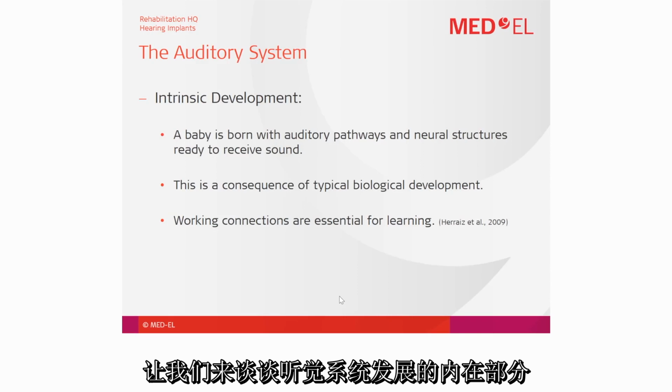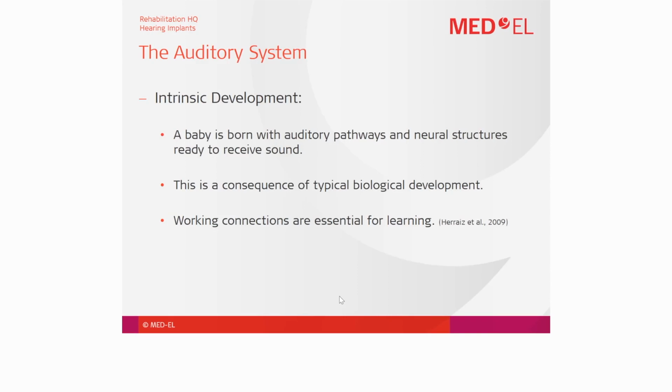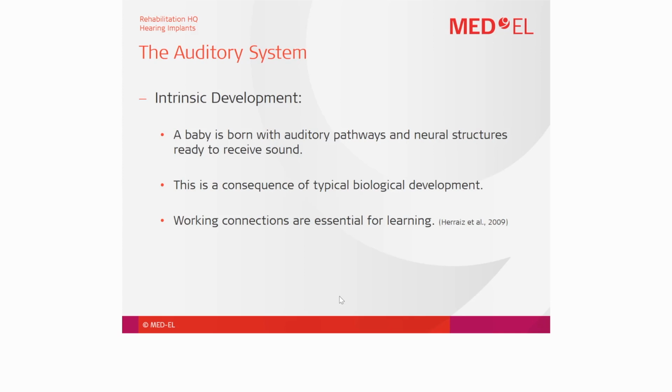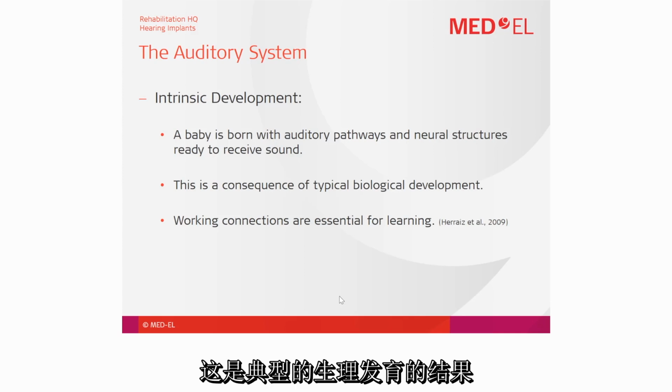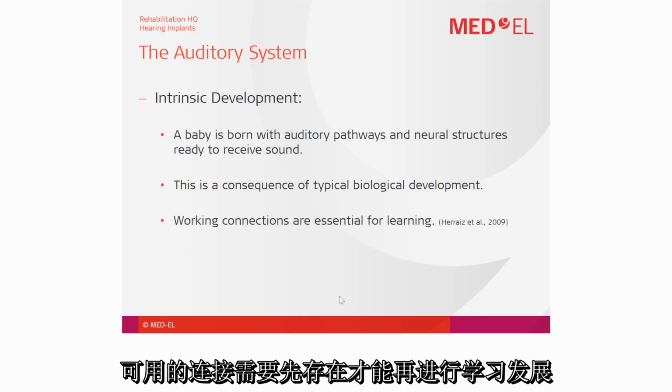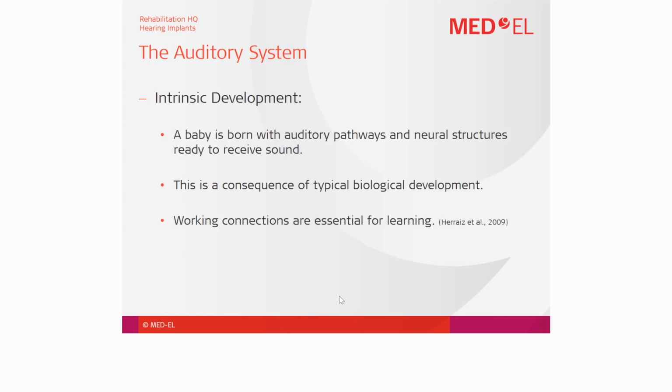So let's talk about the intrinsic piece of the development of the auditory system. A baby is born with auditory pathways and neural structures sitting there ready to receive sound. That's a consequence of typical biological development. The working connections need to be there in order for learning to take place.